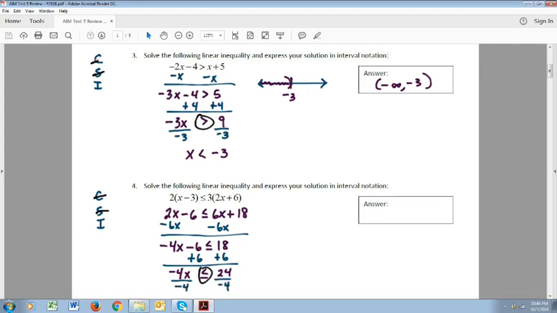Don't forget, we're going to have to reverse the symbol. So it's x is greater than or equal to -6. And that's going to be -6 to infinity. And again, since it's greater than or equal to -6, we do use a bracket there. And I would just remind you, again, always use parentheses next to infinity, because infinity is a concept, not an actual number.